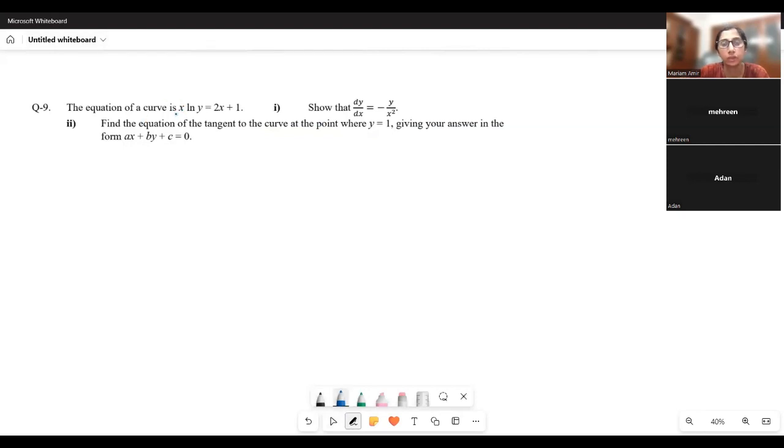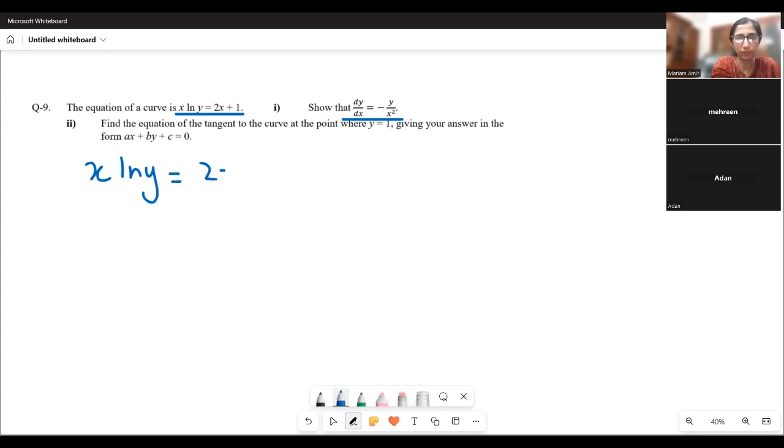The equation of a curve is x ln y equals 2x plus 1. Show that dy over dx is equals to this. All right. So we have to differentiate that. Let's start: x ln y equals 2x plus 1.